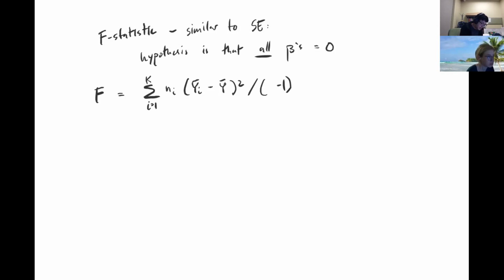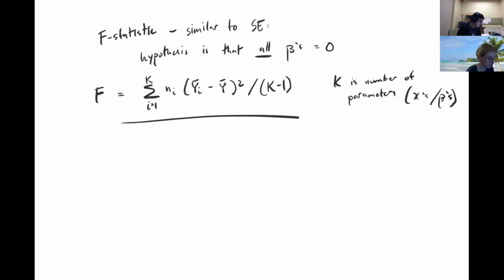So this is actually K. And K refers to the number of parameters, or in other words, x's slash betas. So how many x's do you have?